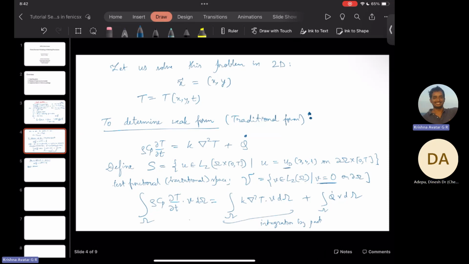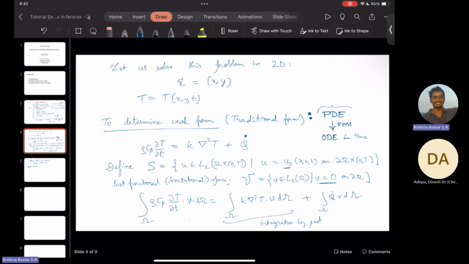What we do in traditional approaches is we have this PDE, and we convert it into an ODE in time by using the finite element method. This is the traditional approach.